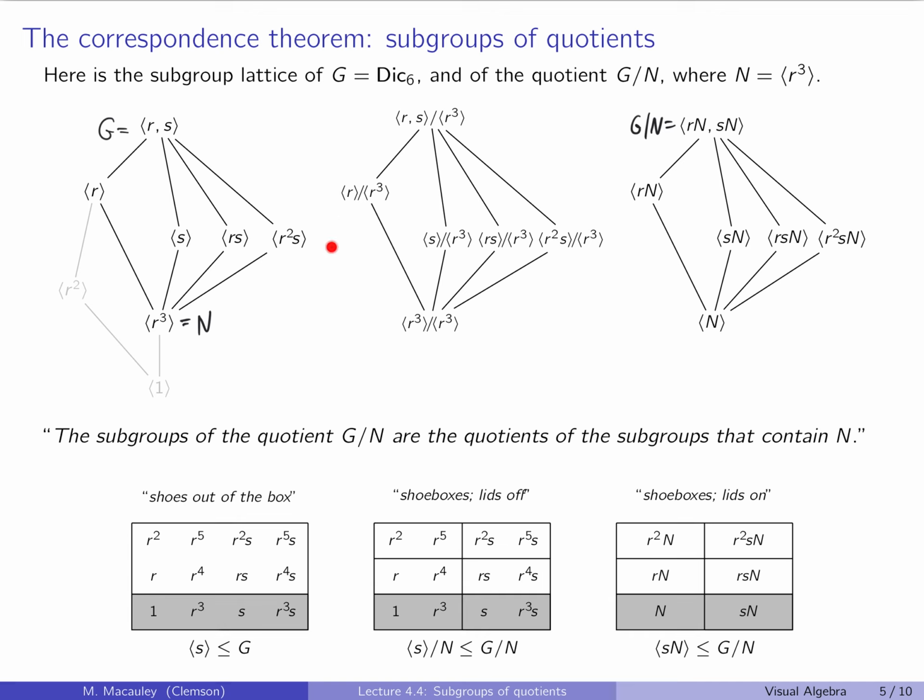But let's look at this middle picture. This middle picture is what we get by taking the subgroups of G individually and taking the quotient of each by N. So this lattice consists of the quotients of the subgroups, whereas over here, this lattice consists of the subgroups of the quotient.